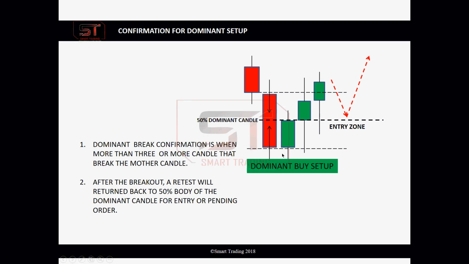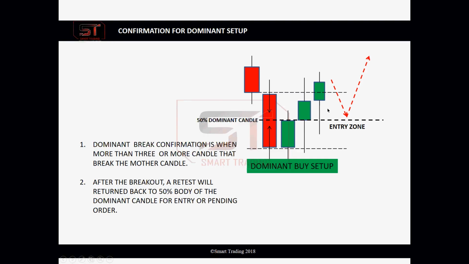So this is a confirmation that the market's going up after this. The most important thing here is we need to mark the 50% of the dominant candle. How do we do that? We take 50% of the candle body, and that's the 50% of the dominant candle.